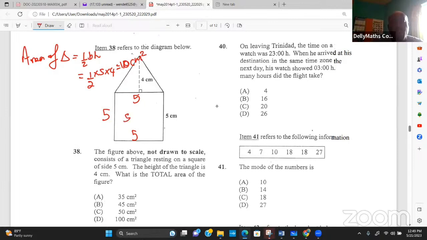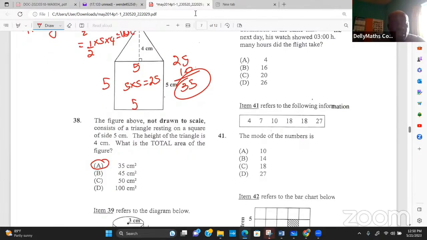And then this is a square. 5 times 5 gives me 25. So I'm adding 25 plus 10. I'm looking for 35 as my answer, and it is at A. That's the area of the entire thing, the area of the square plus the area of that triangle.